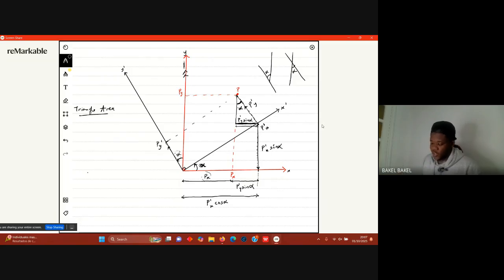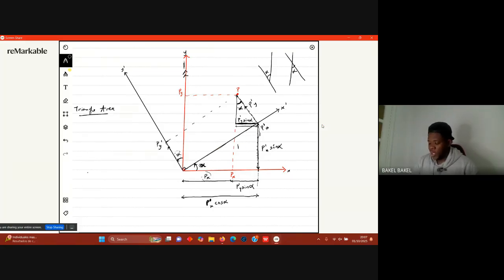The reason why we brought out that triangle was because we wanted to prove this p prime x cos alpha that we said. This came because of this big triangle. When I wrote it, someone asked how did I get p prime x cos alpha? And that happened because I isolated this big triangle.